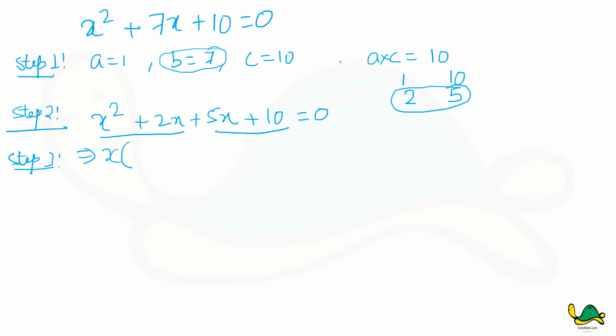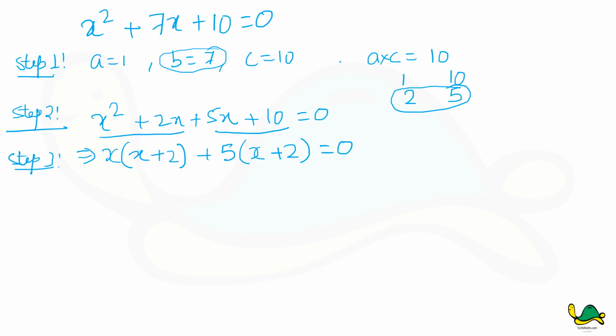So if you write x outside of the bracket, x square divided by x is x, 2x divided by x is 2. Similarly, between 5x and 10, the term that can divide both of them is 5. If I write 5 outside of the bracket, 5x divided by 5 will give us x, 10 divided by 5 will give us 2, equal to 0.